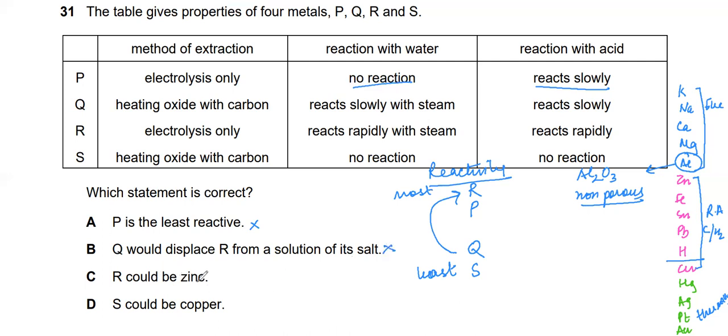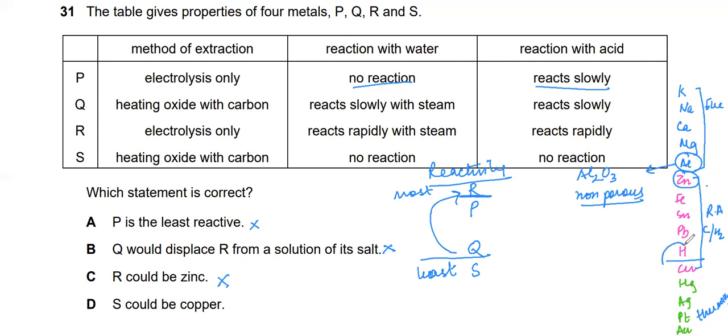Now R could be zinc? R cannot be zinc. R is on the top. The zinc, when we see here, is below. It's not that reactive. If this were R, it would be below P. So this is not zinc. That's again incorrect. S could be copper. Yes, S is not reacting with water. It's not reacting with acids.